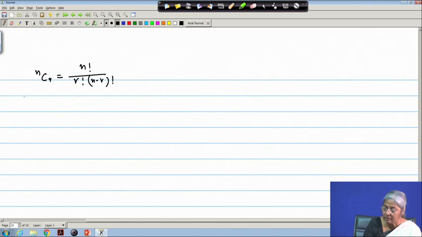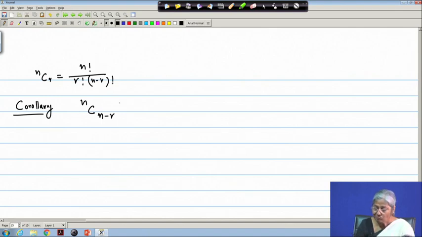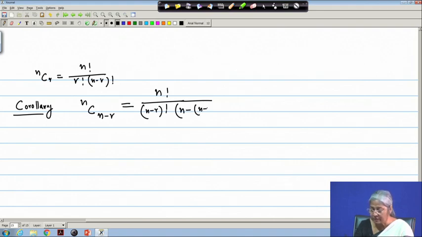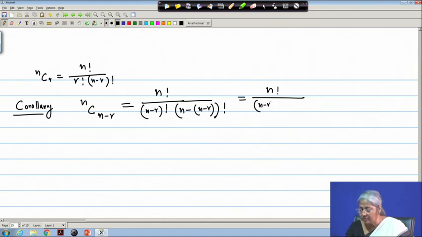So, I can write a corollary: if I write NC n minus r, that means I am taking r equal to n minus r, then I can write n factorial over n minus r factorial and n minus (n minus r), which is r factorial.